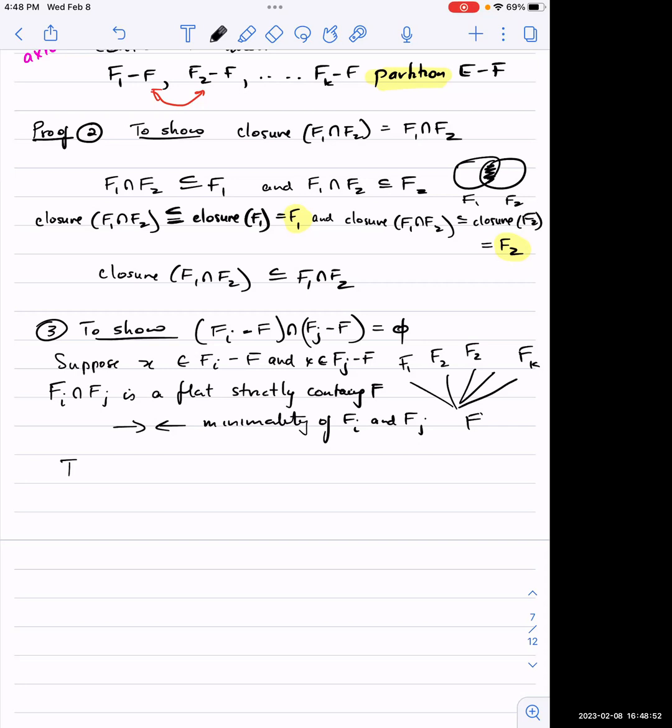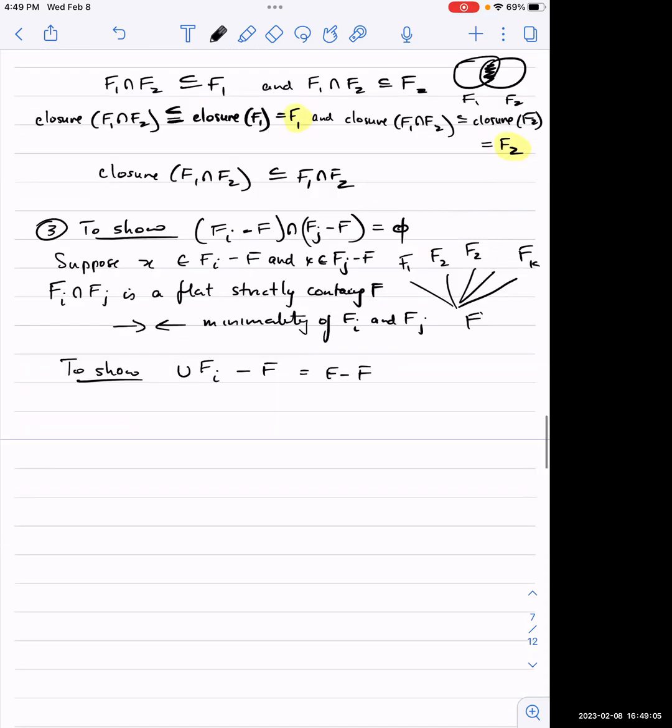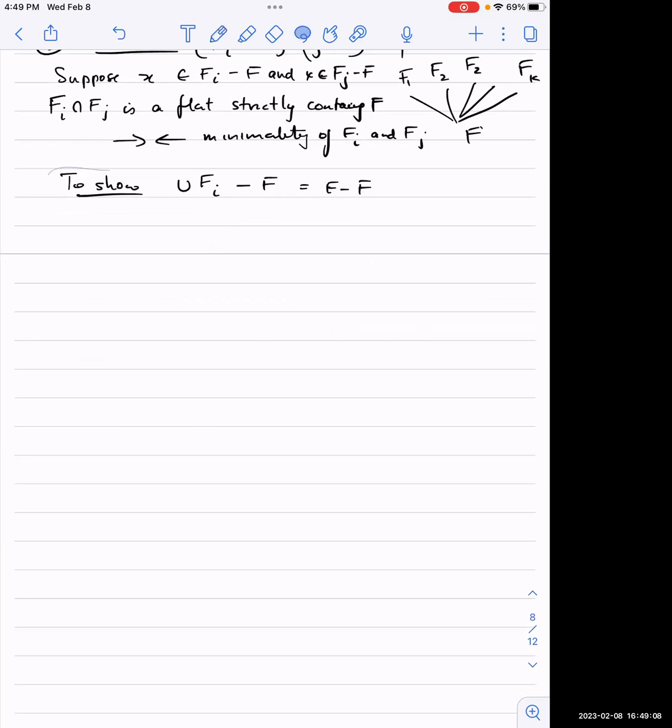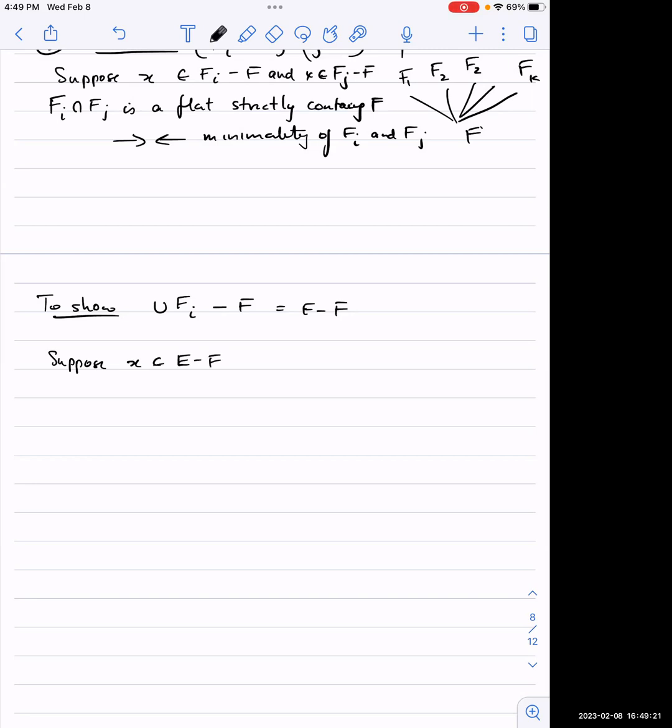Then the next thing is to show that the union of all the Fi minus F will be E minus F. Now suppose X is a member of E minus F, and X is not in any of the Fi's.